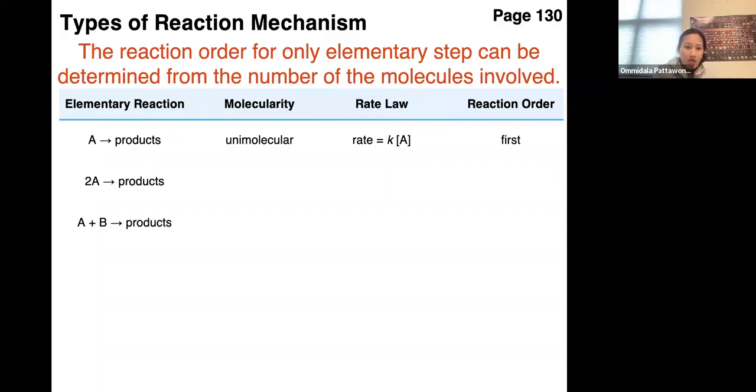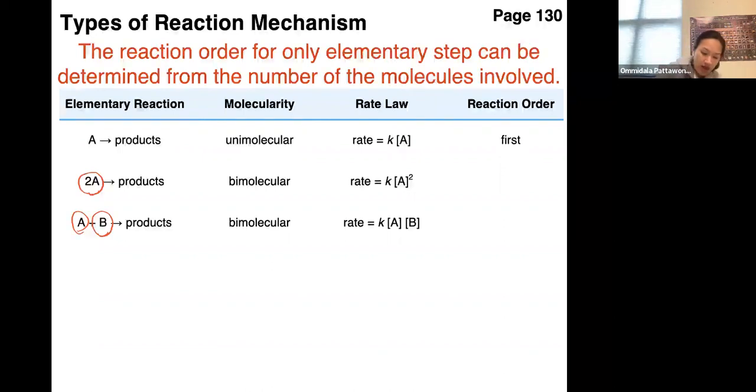Now, if you are looking at an elementary step that involves two molecules, it can be either two molecules of A, or one A and one B combined to produce product. This type of elementary step is what we refer to as a bimolecular reaction. The rate law for this is rate equals k times the concentrations of the molecules involved in the elementary step.